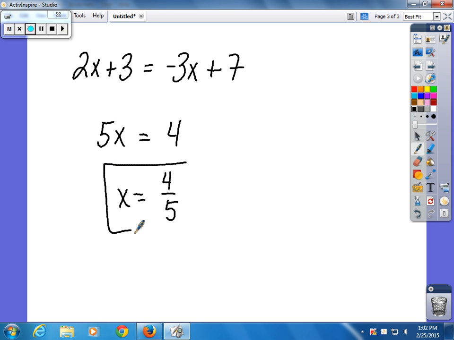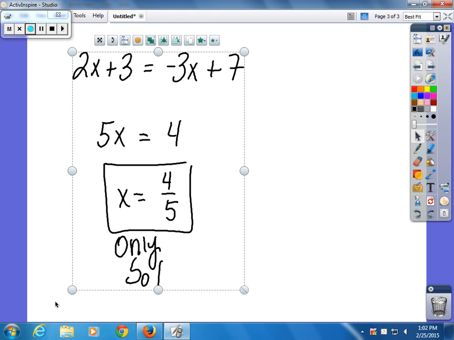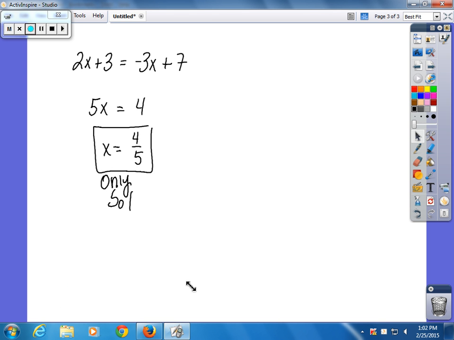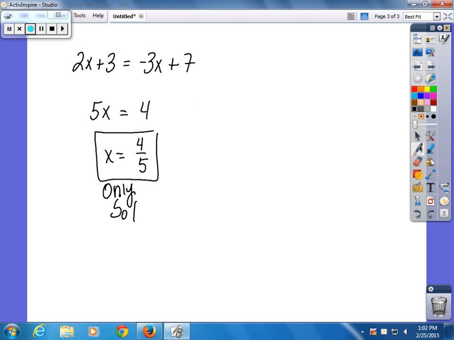And as I said before on the previous problem, that is our only what? That's our only solution in our number system. The only number in the universe that will make these two sides equal. And again, that's 6 point whatever, 6.2.